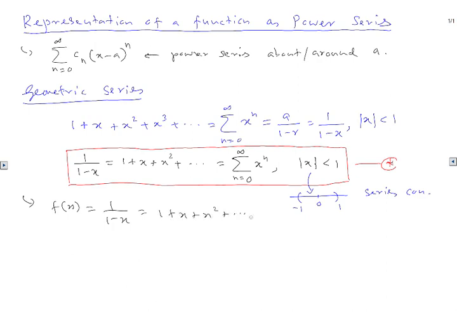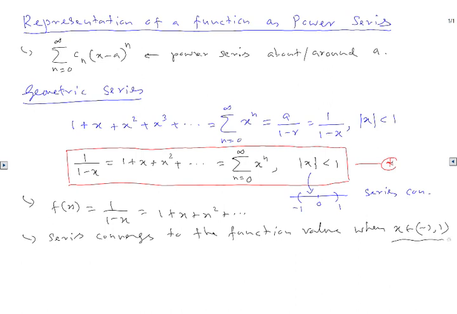This is a power series about a, and one more thing: it converges, meaning the series gives the value of the function when x is between negative 1 and 1. So we can say the series converges to the function value when x is in the interval negative 1 to 1.